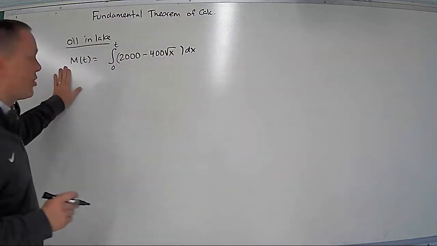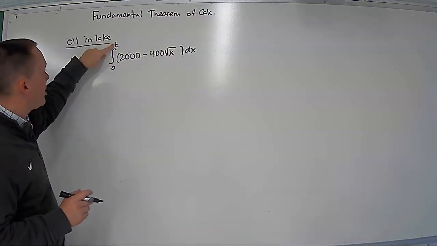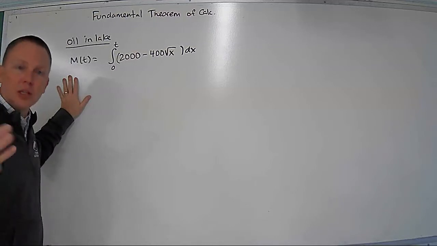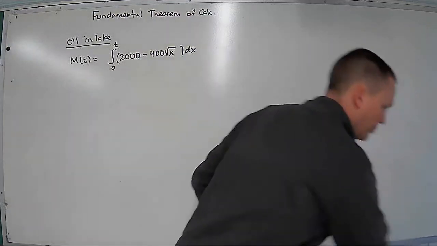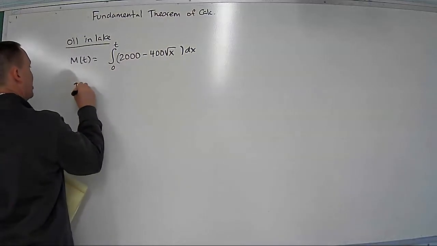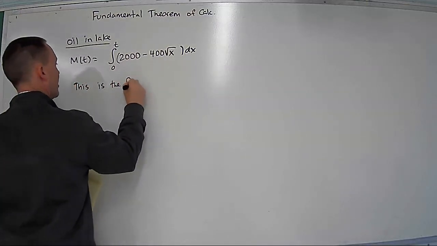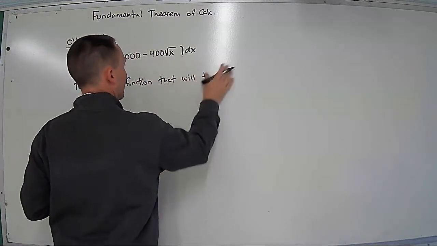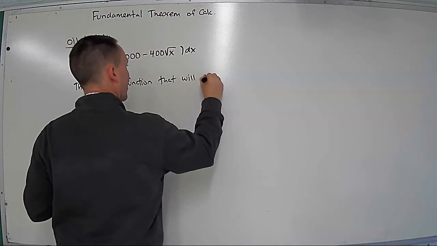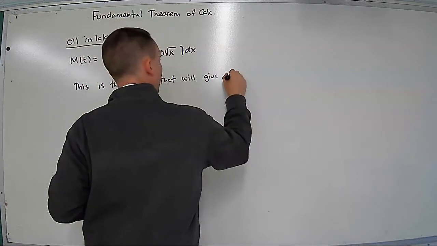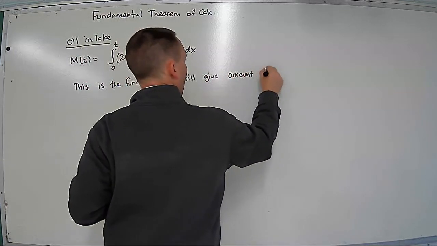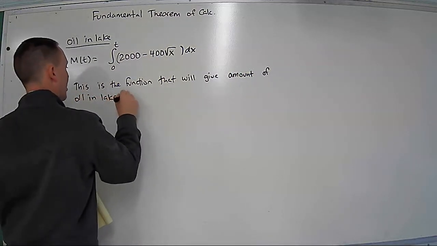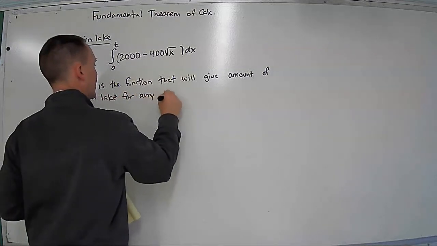But now if you notice, I've created this function where the independent variable is up here in the exponent. This function right here, very similar to the snow function, is the function that will give the amount of oil in the lake for any time.